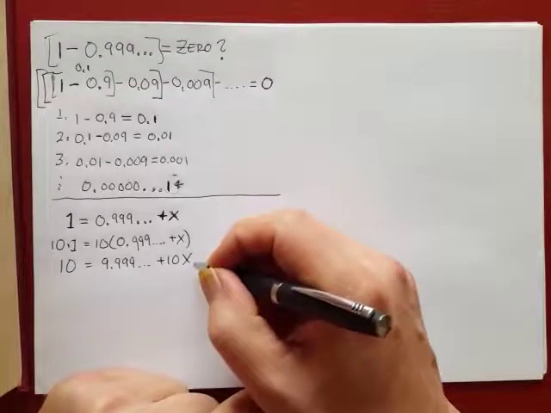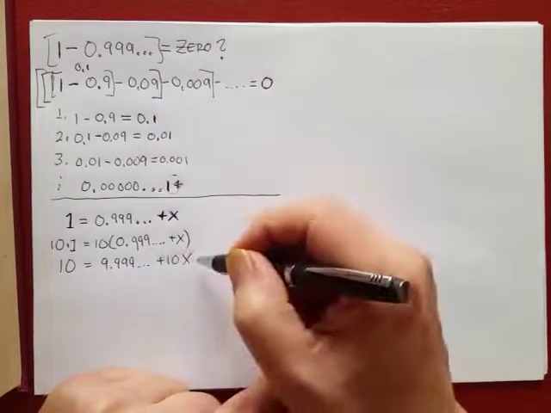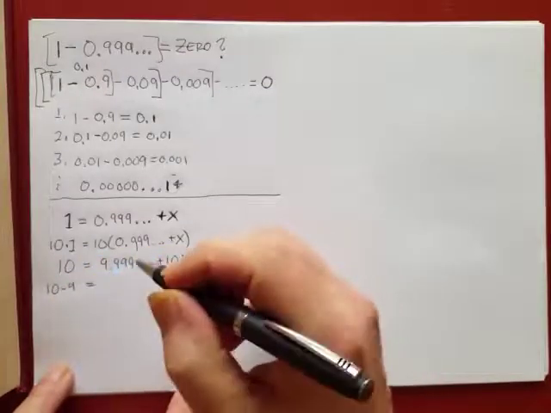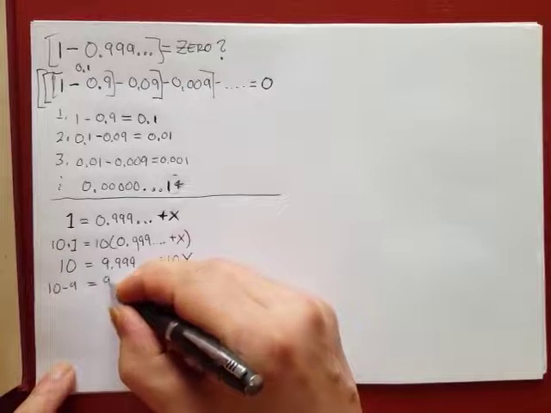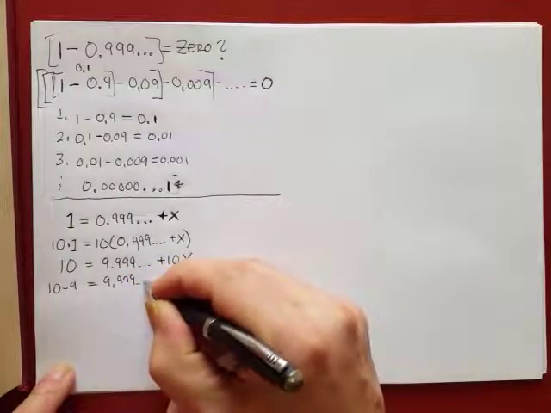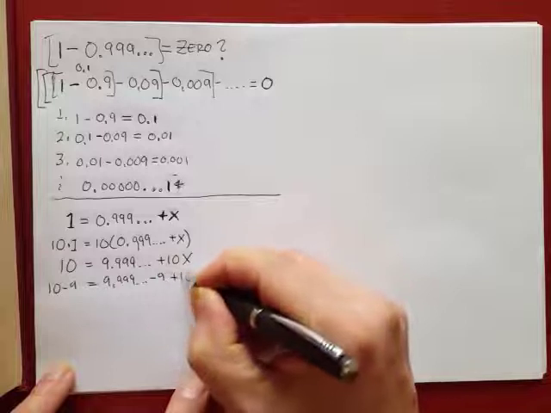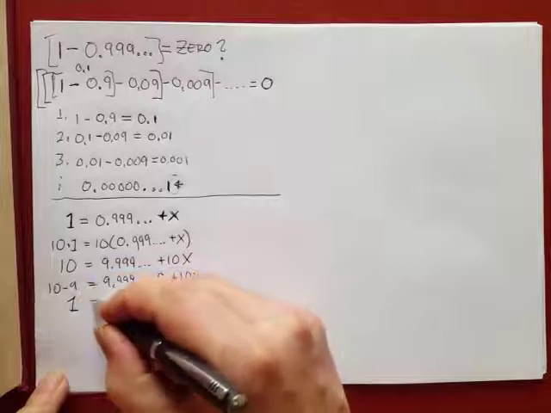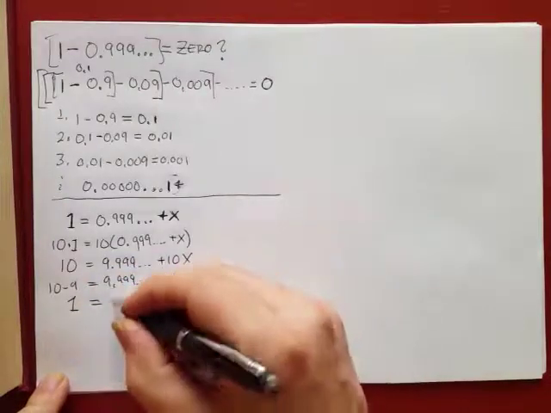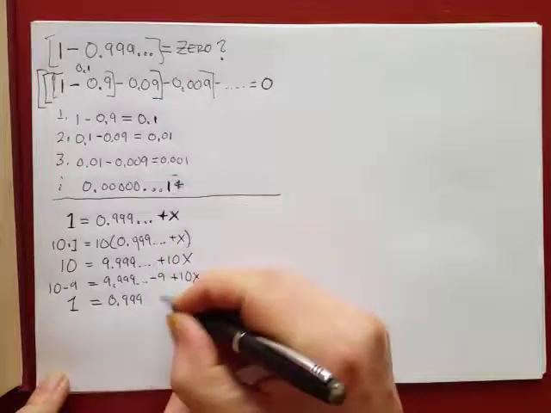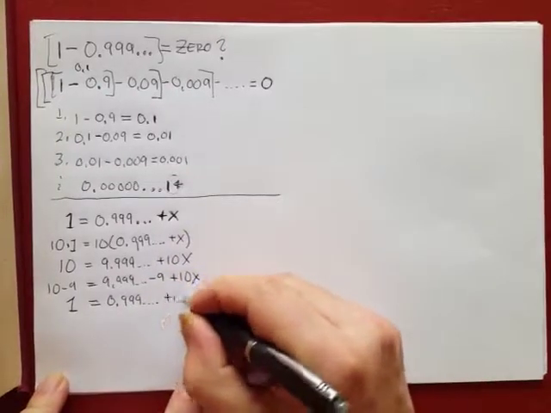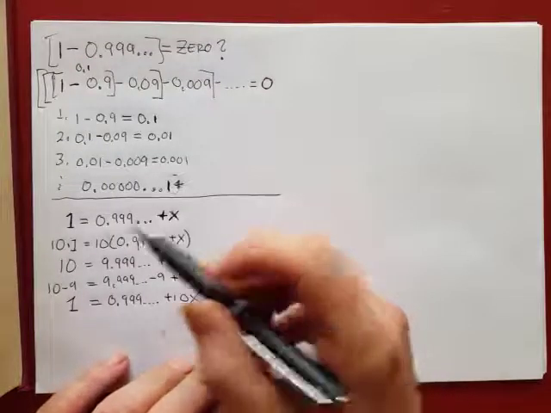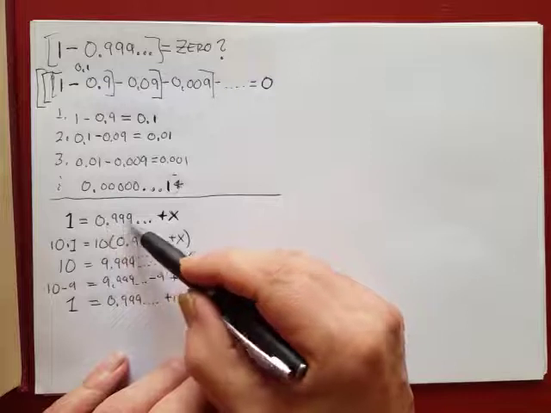Then what we can do is subtract 9 from each side. So we have 10 minus 9 equal to 9.999 minus 9 plus 10x. And this is 1 equal to 0.999 plus 10x. But hold on now. We start with 1 is equal to 0.999 plus x.